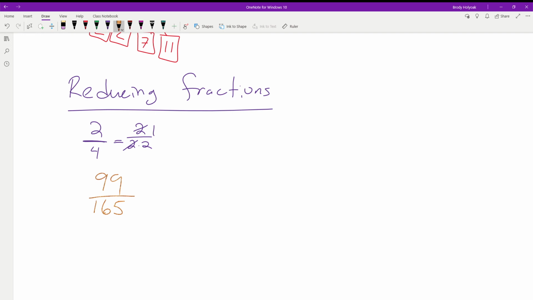So 99 breaks up into what? 11 times 9. That can break up even farther to 11 times 3 times 3. Okay? 165 breaks up into what? 5, 3, and 11.